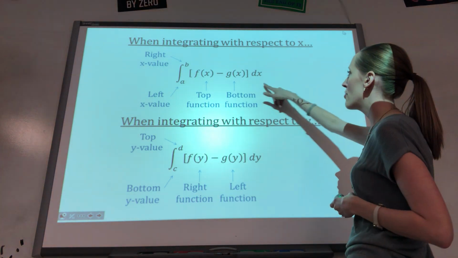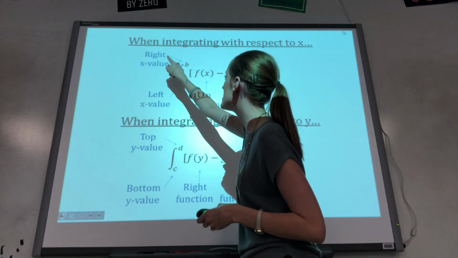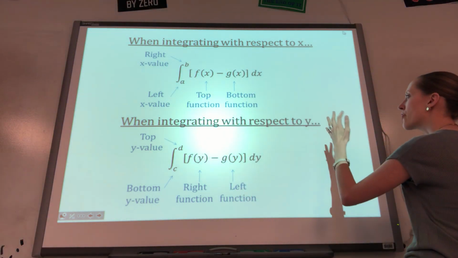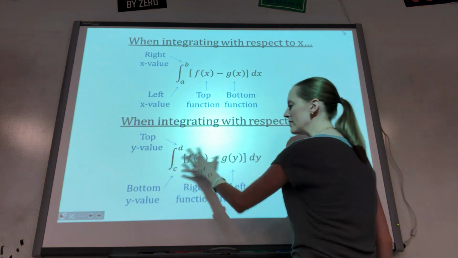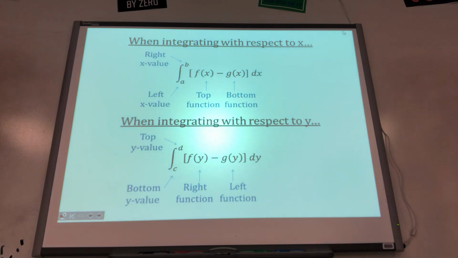If I'm integrating with respect to x, set it up like this. All of these things in blue are pretty helpful. If I'm integrating with respect to y, I have to set it up like this. And again, all of those things in blue are very helpful.